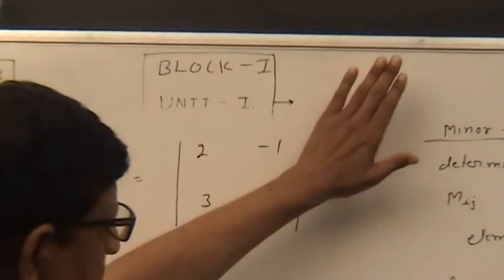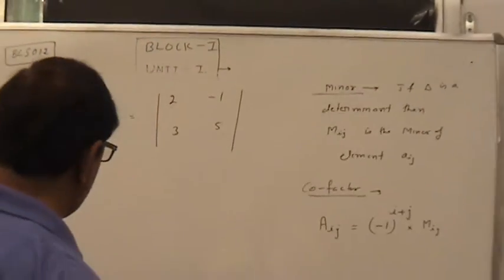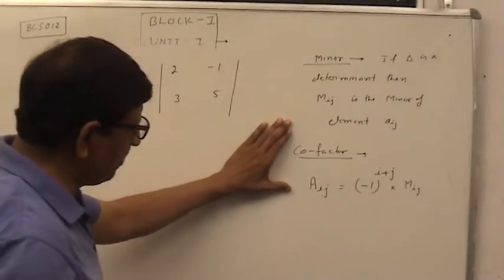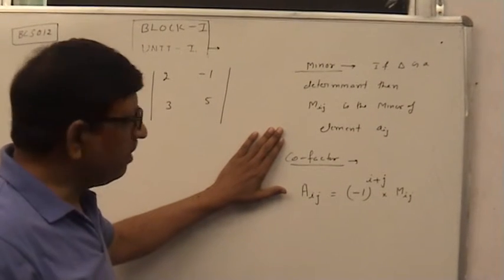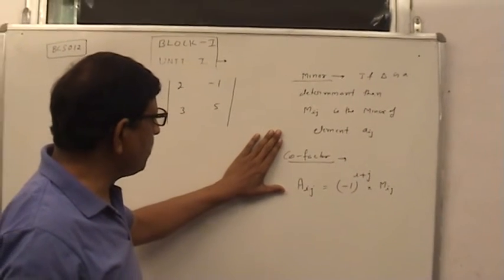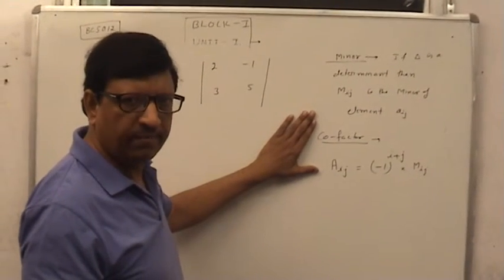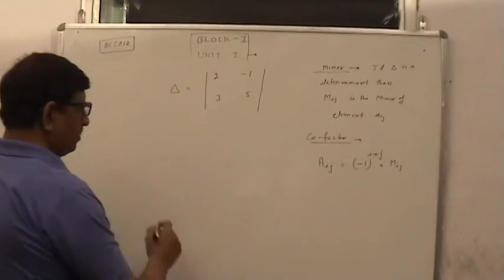Simultaneously, we shall discuss minors and cofactors. These cofactors are very important for us to solve matrices, particularly when we have to find the inverse of a matrix.